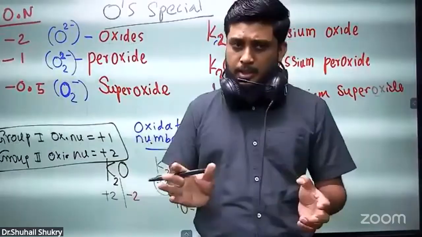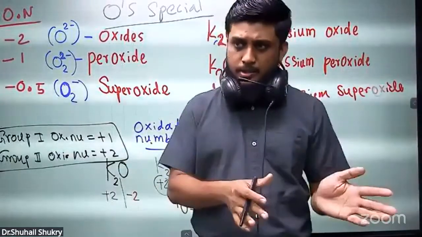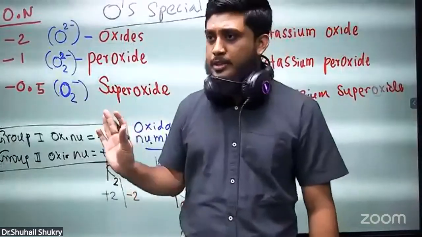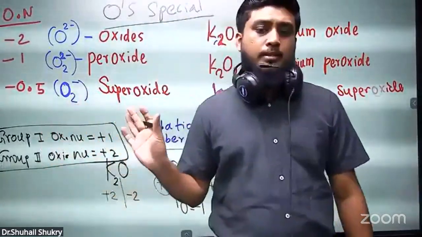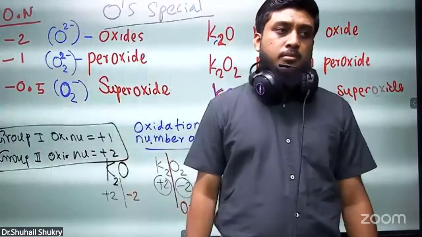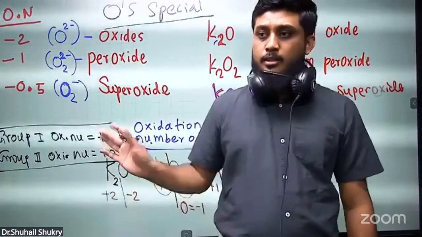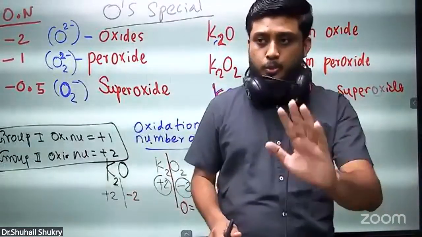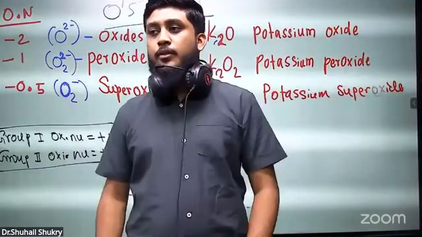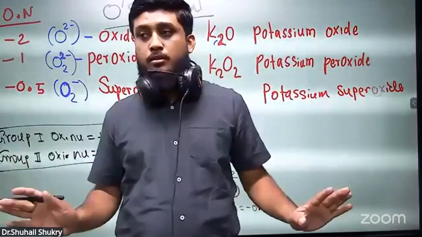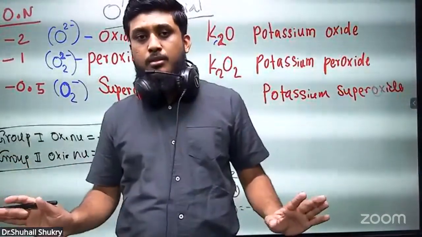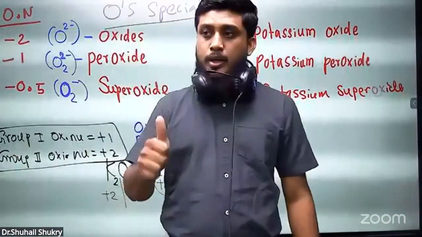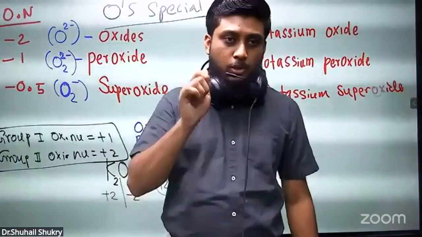But remember, if you get a group 1 element and oxygen, don't worry, they won't make superoxides and peroxides with everyone. Normally, oxygen will make superoxides or peroxides only with group 1 and 2 elements, which means S block elements only.